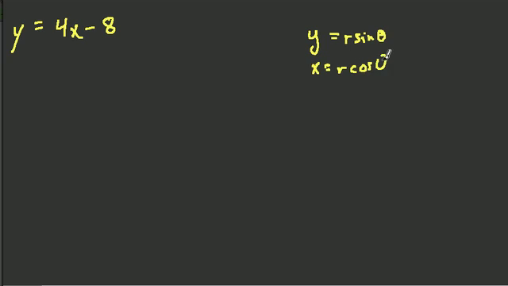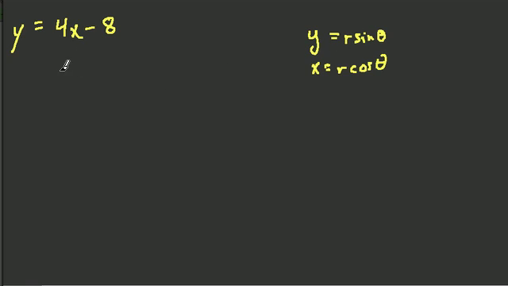Let's try another one of those. Now if we have y equals 4x minus 8, we have this equation. From our list of tools, we know that y equals r times the sine of theta, and x equals r times the cosine of theta.